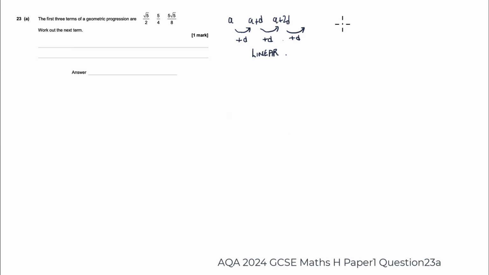In a geometric progression or geometric sequence, instead of adding the same amount each time, we multiply by the same amount each time. So if we multiply the first term a by r, we get a times r. And we do the same process all the way along the line. That would be a r times r squared, and so on. So that's what a geometric sequence is.